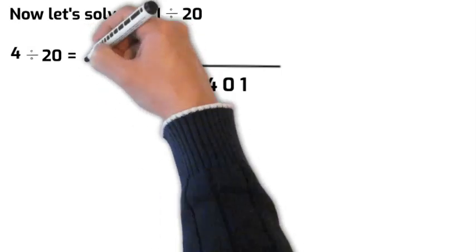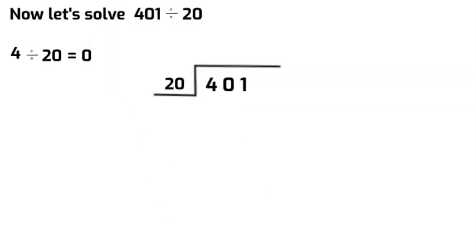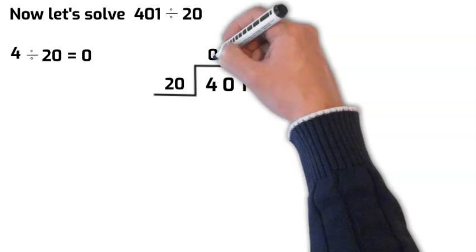So, we say 4 divided by 20 is equal to 0. We go on top of the quotient space above the first digit of our dividend and write down 0.